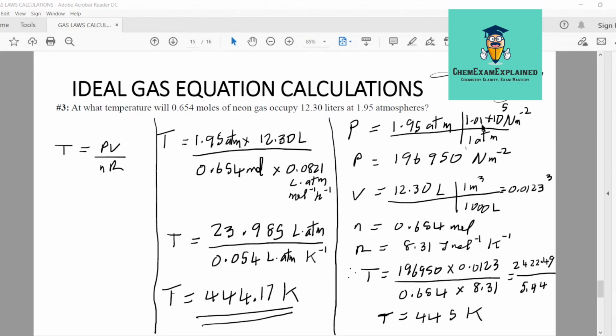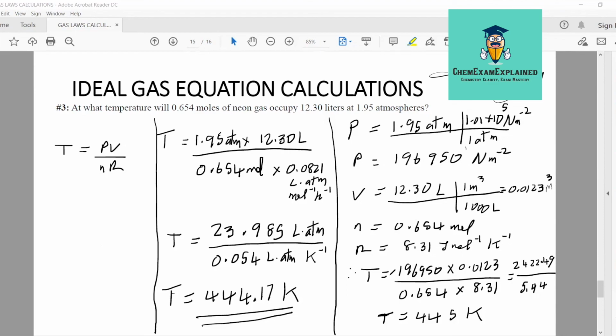If I'm using R to be 8.31 joules per mole per Kelvin, then my pressure cannot be in atmosphere. I must convert it to Pascal. I must convert my volume in liter to meters cube. And of course, the mole was given in the question, and I'm using R as 8.31 joules per mole per Kelvin.